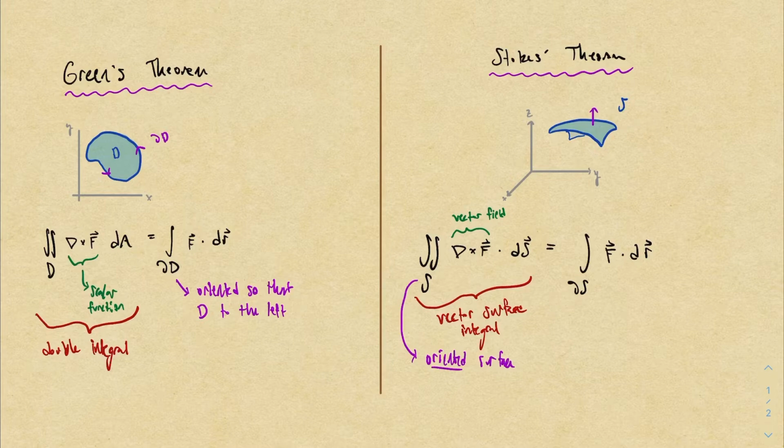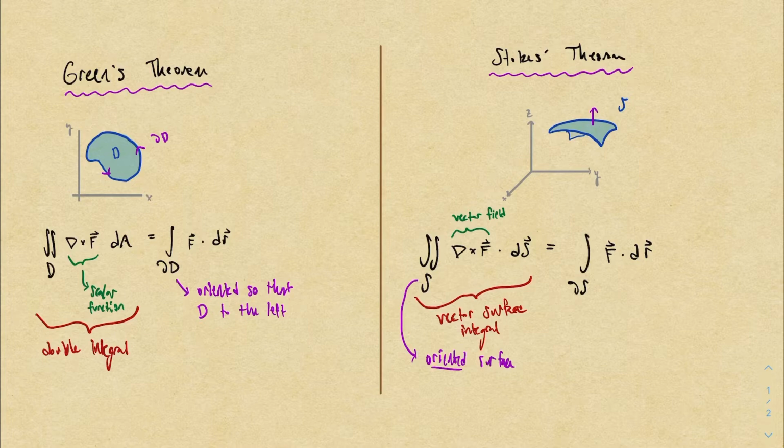The story is the same on the right-hand side, which is we have a vector line integral, so the orientation of this boundary curve is important. And the orientation is determined in roughly the same way as in Green's theorem. Pretend that you are the normal vector. So for example, in the picture I drew here, the normal vector is pointing up. So pretend that you're the normal vector and stand on the boundary curve.